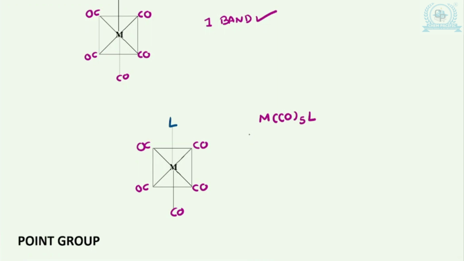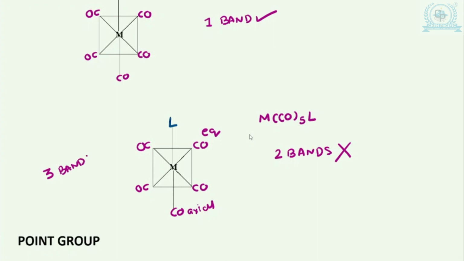Obviously, you can clearly see that there are two different types of CO, that is the equatorial as well as axial. So if you say that yes, there are two bands, the total number of bands is 2, that is the correct answer. No, this is incorrect. The actual answer is that this structure contains 3 bands.